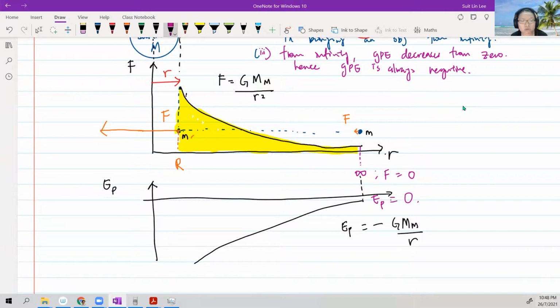Right now, it's more to get you warmed up to the idea that, number one, when we want to think about energy, it's not as simple as looking at change in height, because now we are talking about something where the force changes.